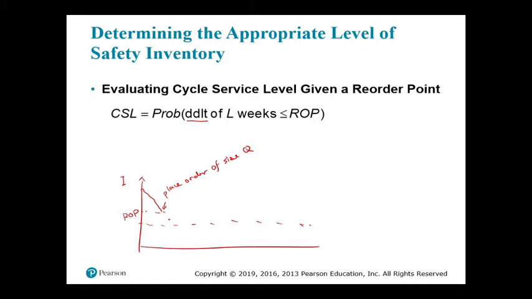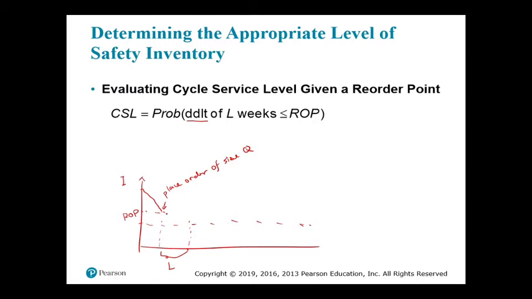Whether I'm out of inventory or not depends on what happens during the next lead time. Whatever I order, these Q units of inventory will be received after L units of time.